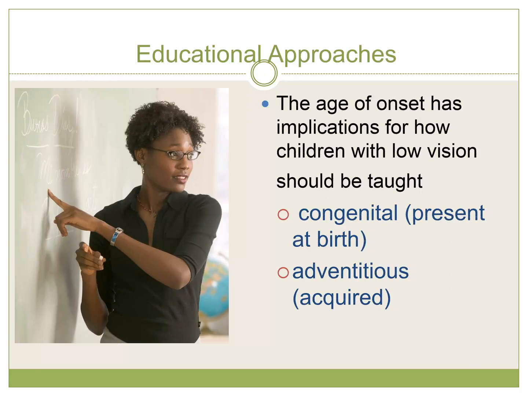The age of the vision loss will have implications on how we should teach an individual. For example, if you were blind from birth, or congenitally blind, you would have different learning strategies versus if you had adventitious or acquired blindness, where you had some history of vision and then lost your sight.